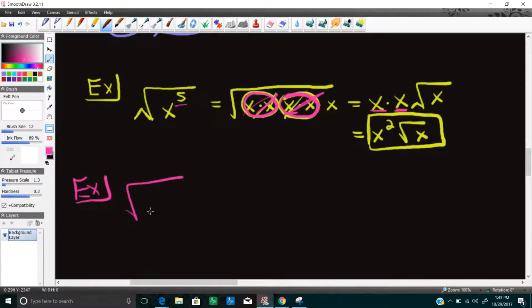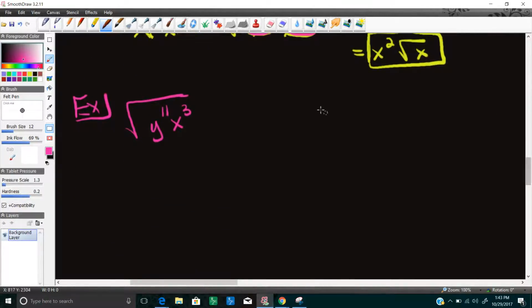So you have the square root of y to the 11th power, and then we'll say x cubed. Okay, so this one has two letters. Just like the previous one, I'm going to expand it. So I have 1, 2, 3, 4, 5, 6, 7, 8, 9, 10, 11.